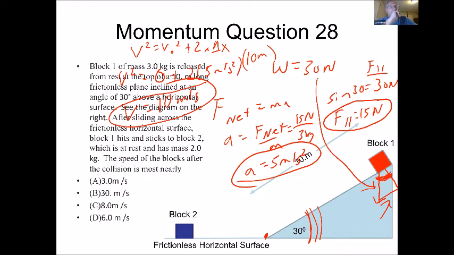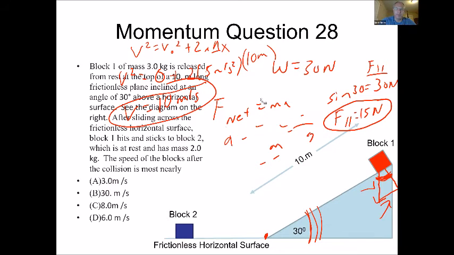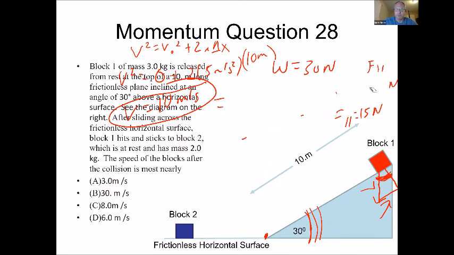So now this turns into a momentum problem. Let's make a little space so we can work out the problem here. So we're going to do a conservation of momentum problem. So the momentum before equals the momentum after. The momentum before is going to be just the momentum of block 1.